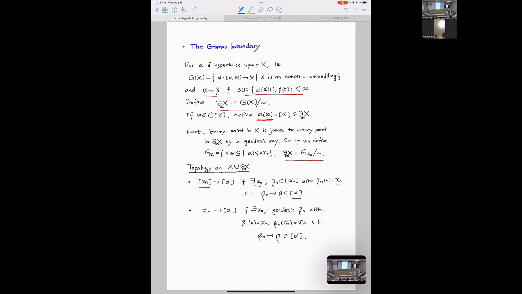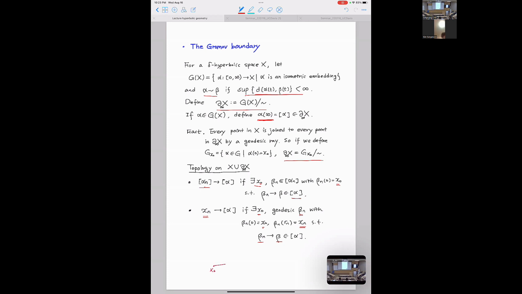And also x_n is a sequence in space X. So x_n converges to alpha if there is a base point x naught and geodesics beta n starting at x naught, and beta n of R_n is equal to x_n. That means the beta n passes through the x_n, such that the beta n converges to beta, which represents the equivalence class of alpha. Here you can draw the picture.